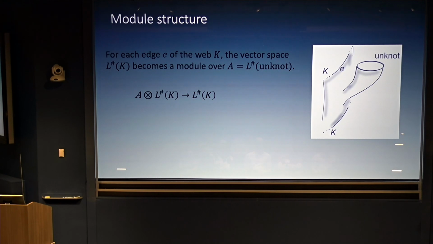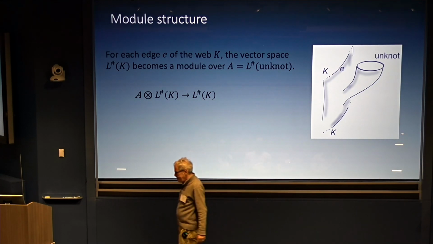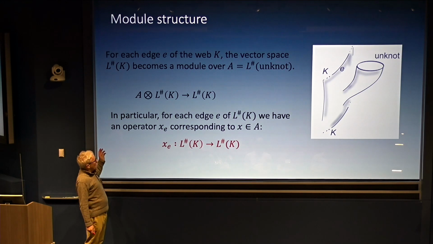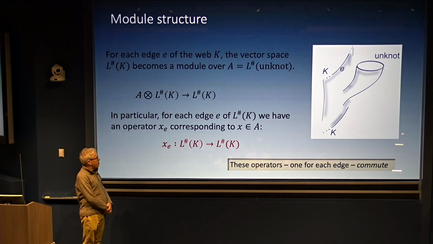So that gives a map from A tensor L sharp of K to L sharp of K, and that's the module structure. Again, a sort of standard picture for these sort of contexts. We have one such operation for each edge. And these operators commute.